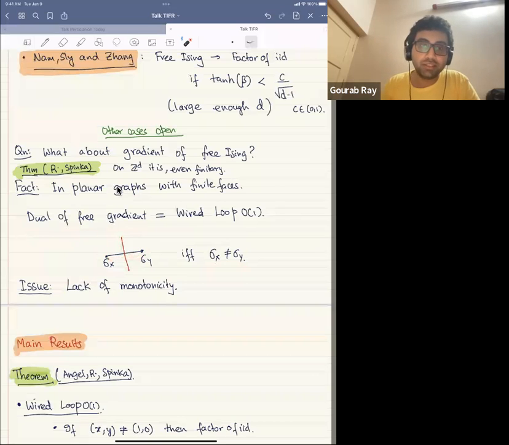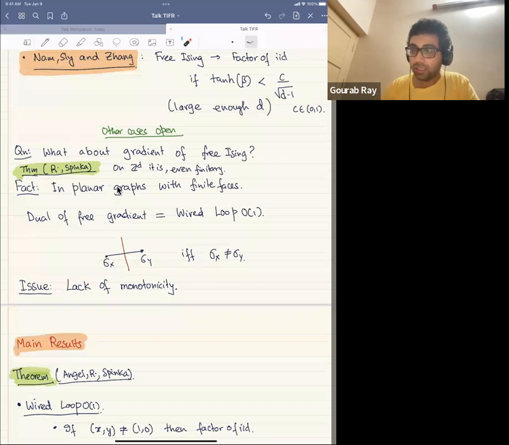You can convince yourself that it is an even subgraph, and in fact, that dual subgraph is a loop O(1) model on the dual graph. It's a wired loop O(1) model on the dual graph. So there is a very geometric relation in case the graph is planar.